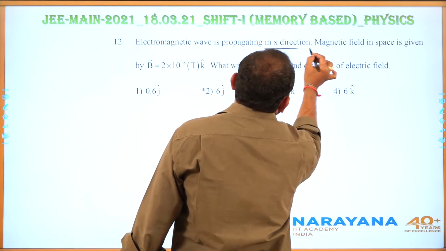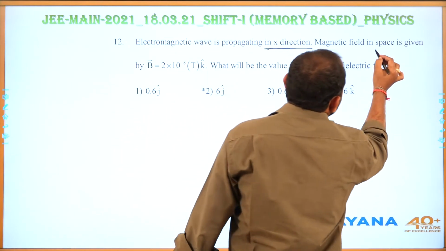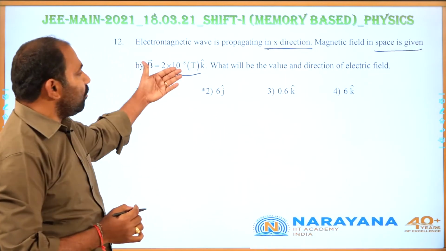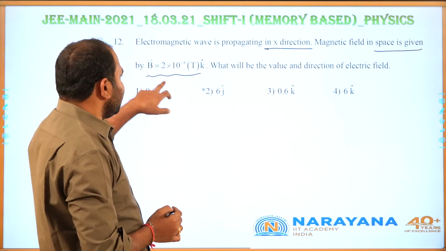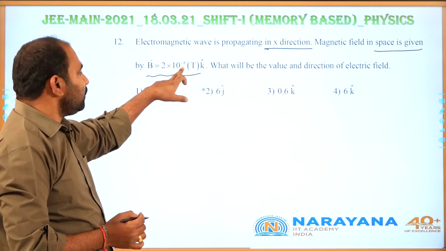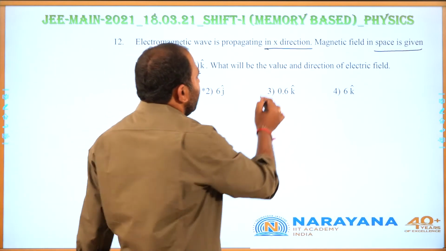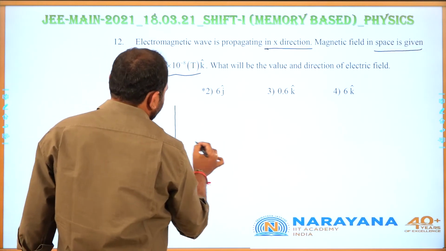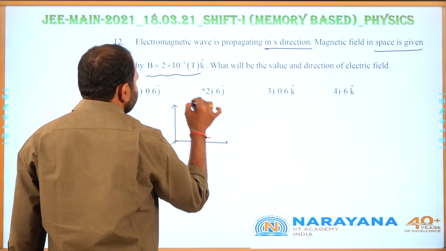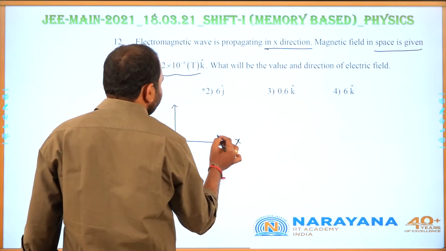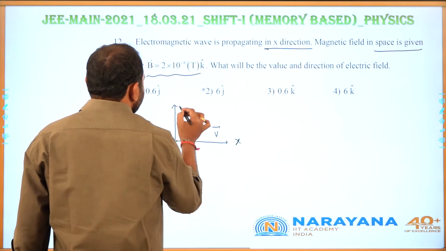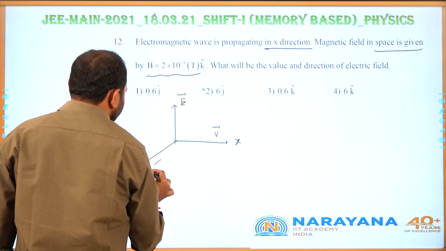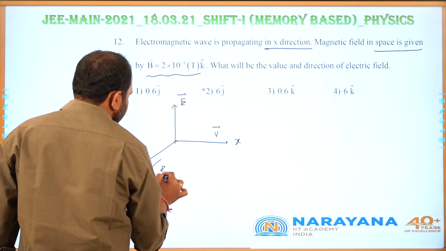An electromagnetic wave is propagating in the x direction. It is mentioned clearly. The magnetic field in space is given by B bar equal to 2 into 10 power minus 8 Tesla K cap. The direction of the magnetic field is clearly along the positive z direction. What will be the value and direction of the electric field? We know that when an electromagnetic wave is propagating along the x direction with velocity v, the electric field will be in the y direction and the magnetic field in the z direction.